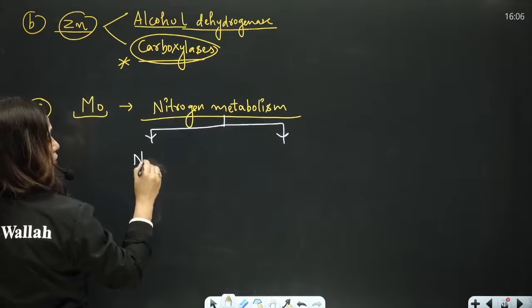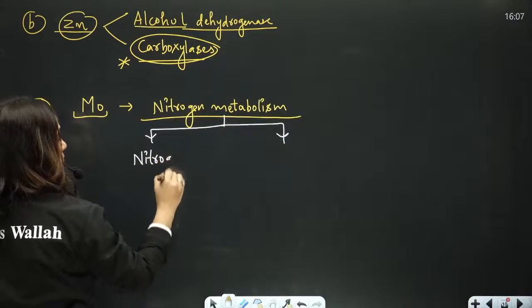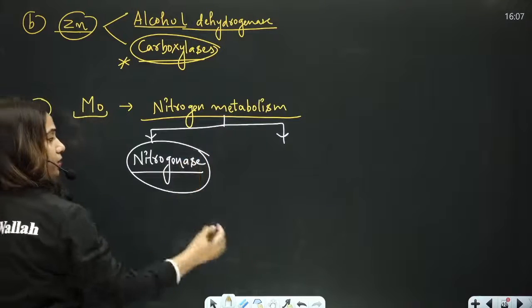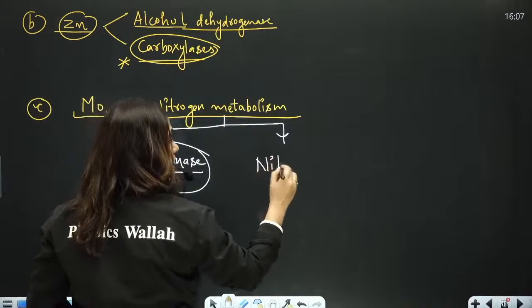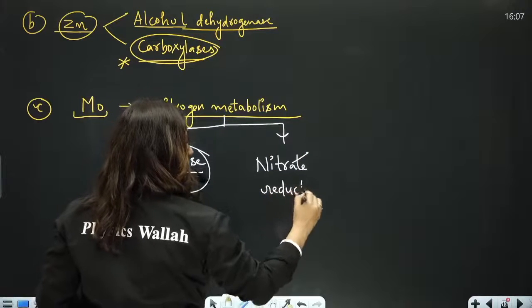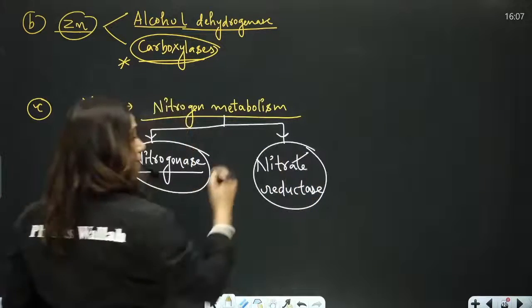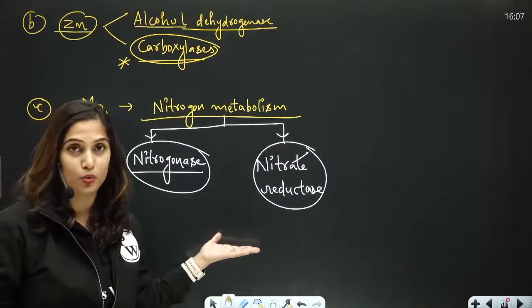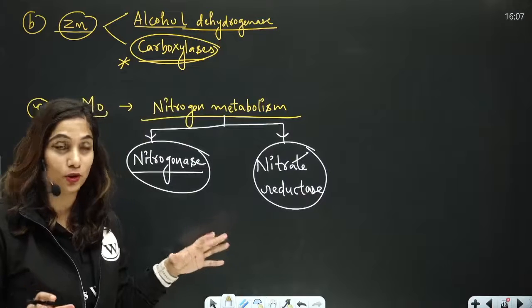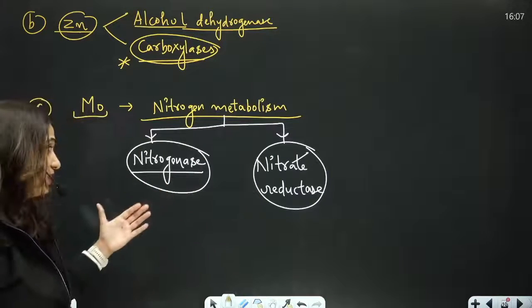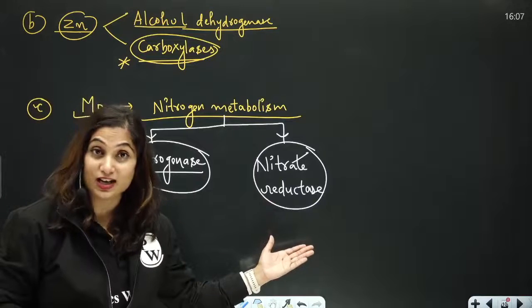One is nitrogenase and the other one is nitrate reductase. These are the two important enzymes which need molybdenum to work properly. Molybdenum is very essential for nitrogen metabolism because it activates nitrogenase and nitrate reductase.